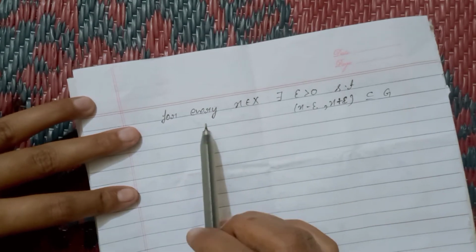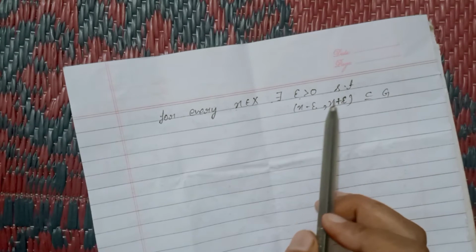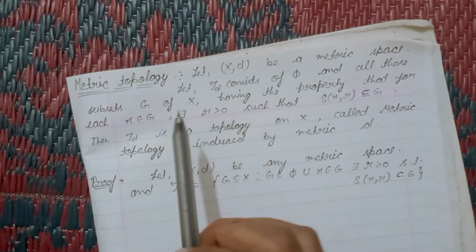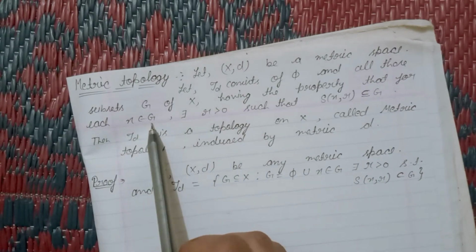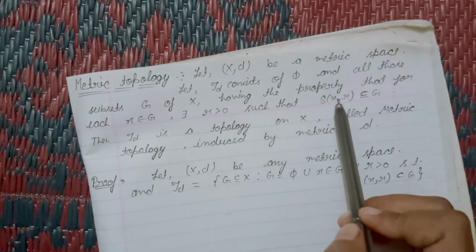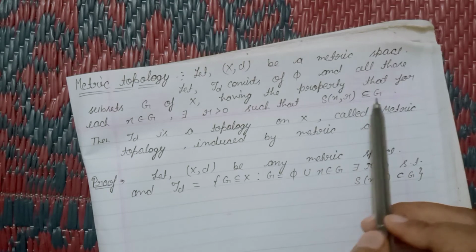But in metric topology, for every x belongs to G, there exists r greater than 0 such that we get an open sphere S(x, r) contained in G. Right students?